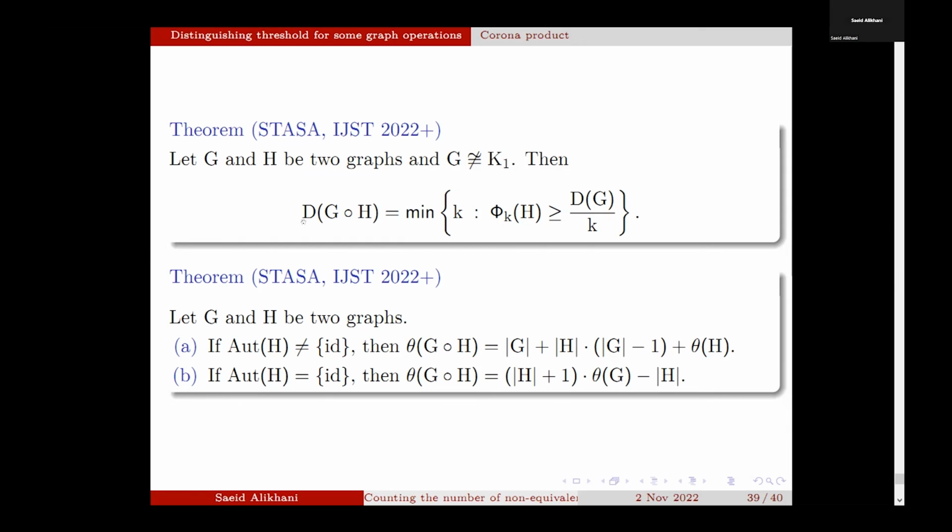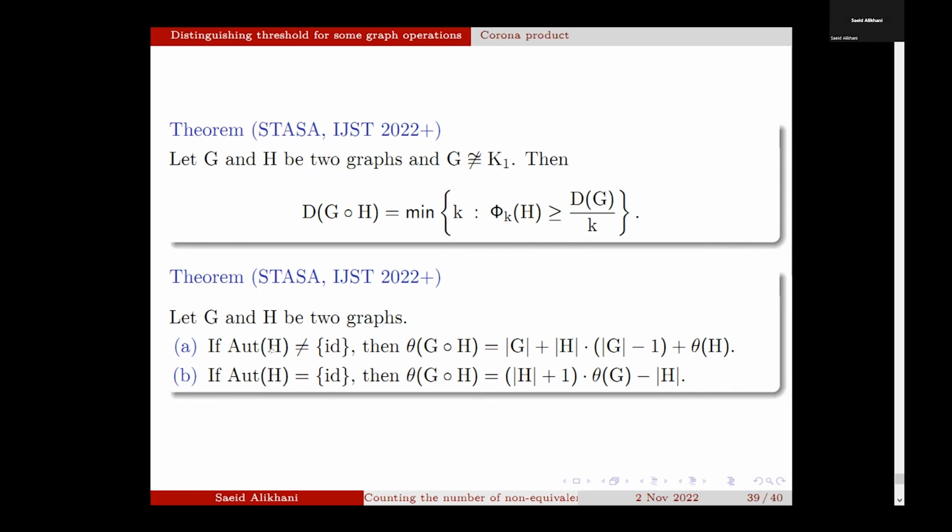You see this nice formula that gives us the distribution number of the corona of G and H: it is the minimum k such that phi sub k of H is greater than or equal to the order of G over k. And here is the last theorem, which is about the distribution threshold of the corona of two graphs.